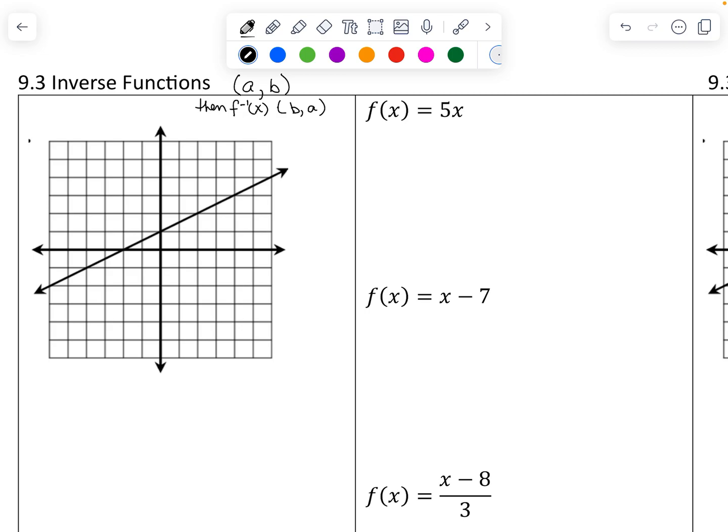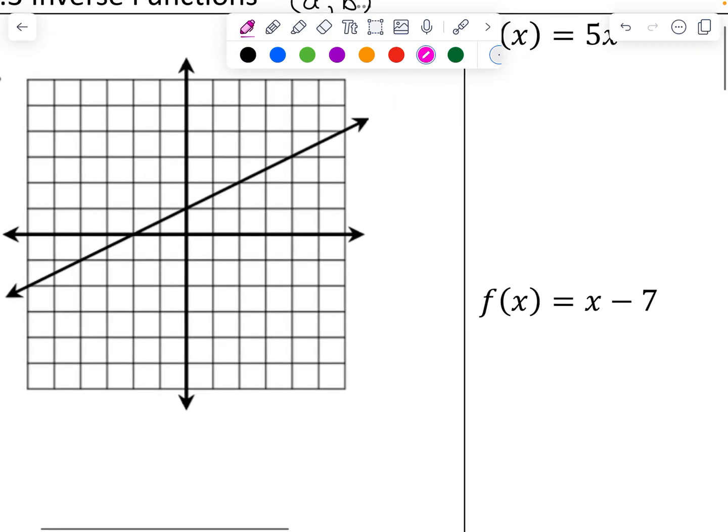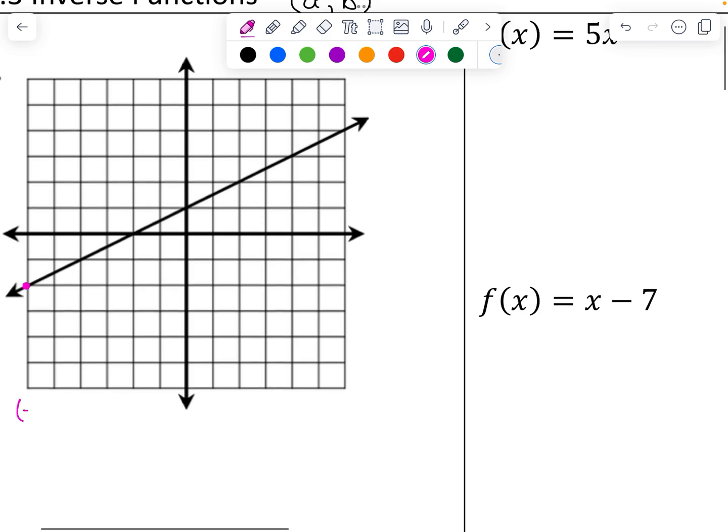So when you're given a graph and you're asked to graph its inverse, all you're going to do is go to the original graph and look at some points that are on it. For instance, this point right here is the point (-6, -2). And this point here is the point (-4, -1).